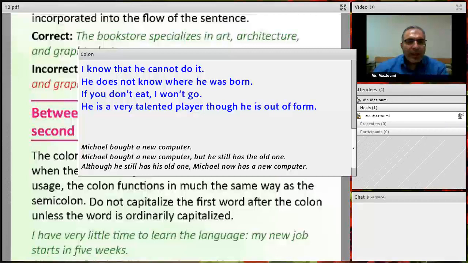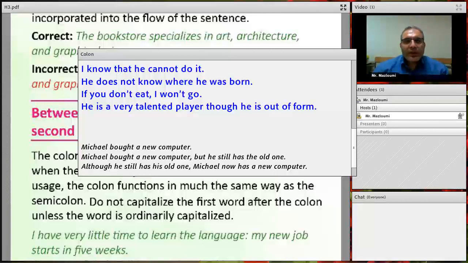Next one. He bought a car which was too expensive. Well, he bought a car. It is a main clause. Which was expensive? It is a dependent clause. Okay, a subordinate clause, dependent clause. Okay, I know that he cannot do it. Okay, I know that.